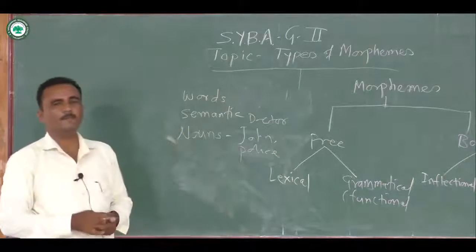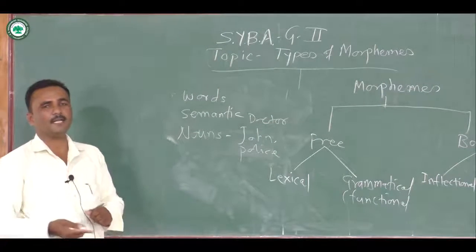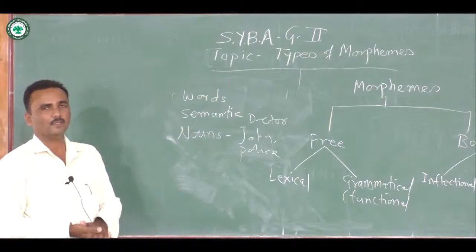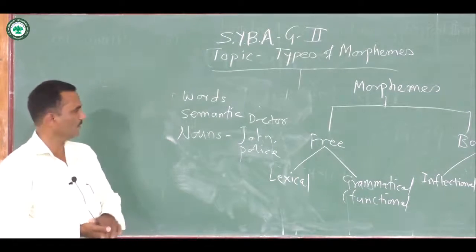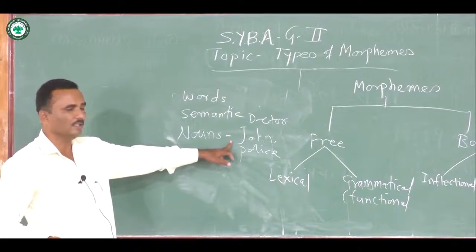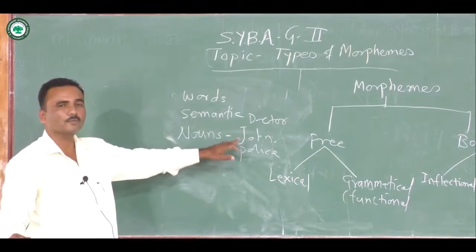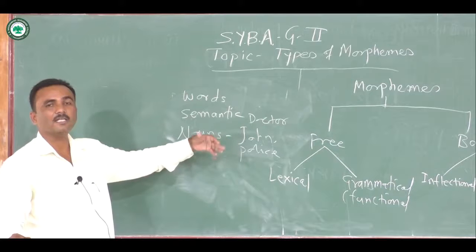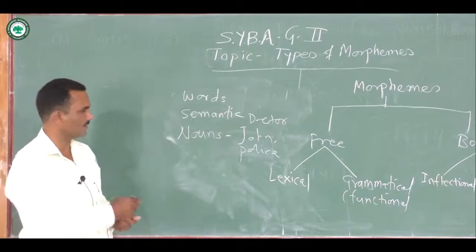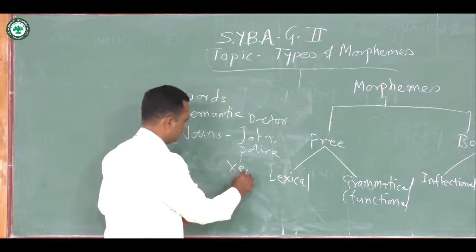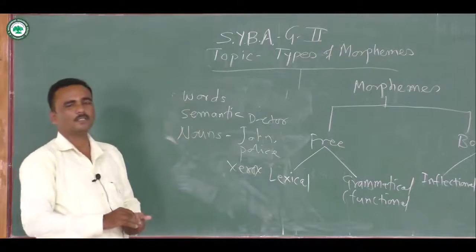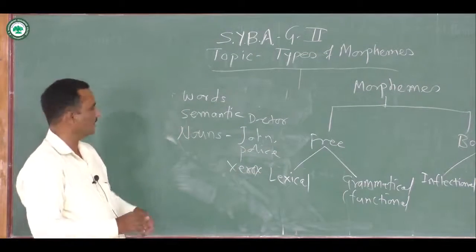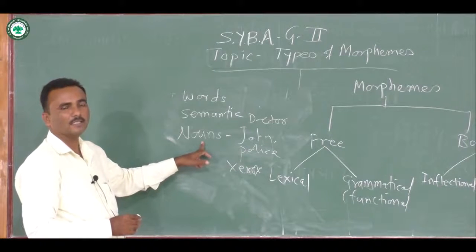You can see a number of nouns can be added to the lexicon of that particular language. In English there are a number of words which were introduced or added in a later phase. For example, words like Xerox was later added to the lexicon in the category called noun.